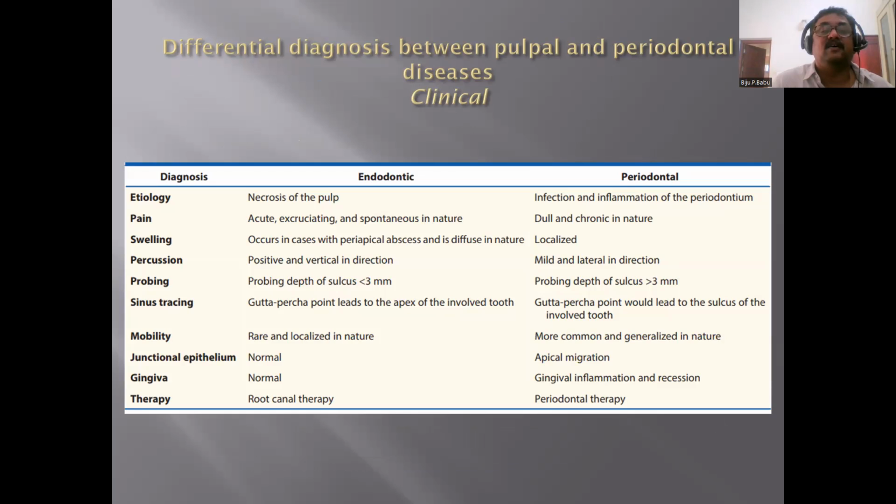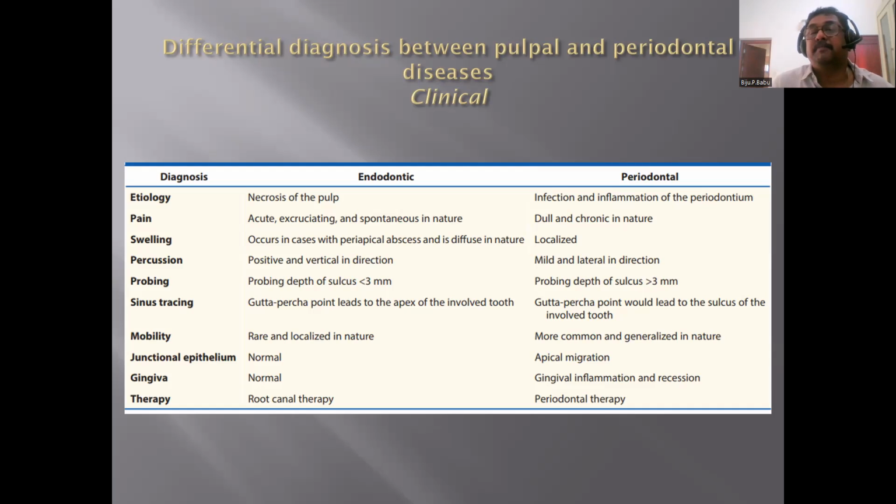Here in an endodontic condition, the etiology, usually the pulp has become necrotic or pulp has entered a stage of irreversible pulpitis. So in this condition, the pulp is usually irreversible or necrotized. In that condition, the endodontic treatment is a must.